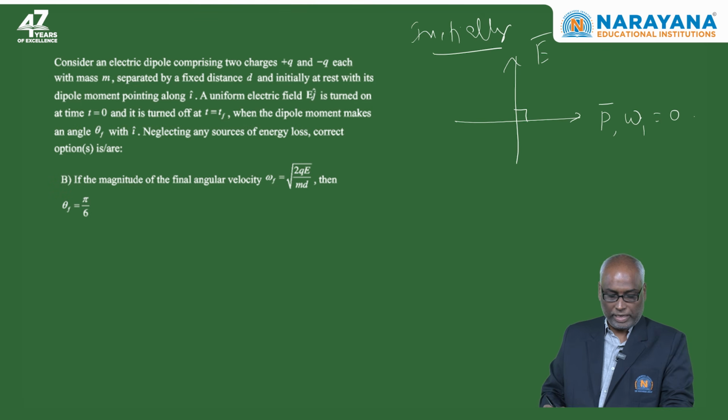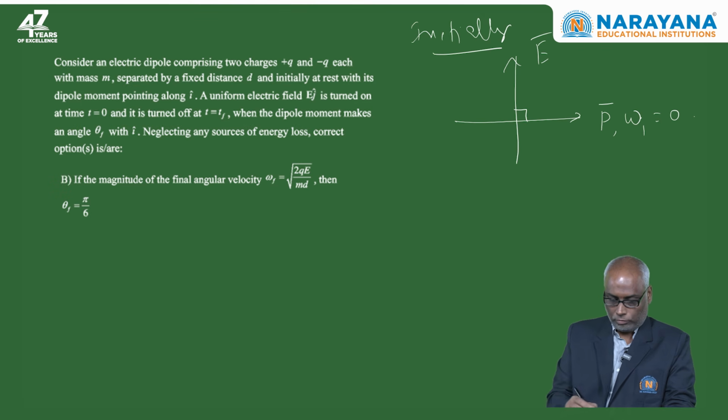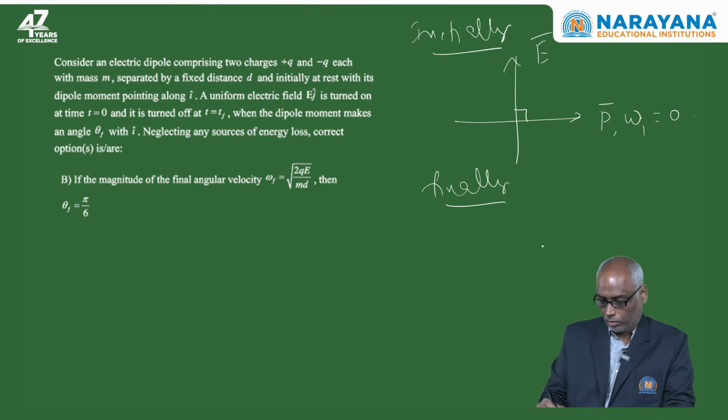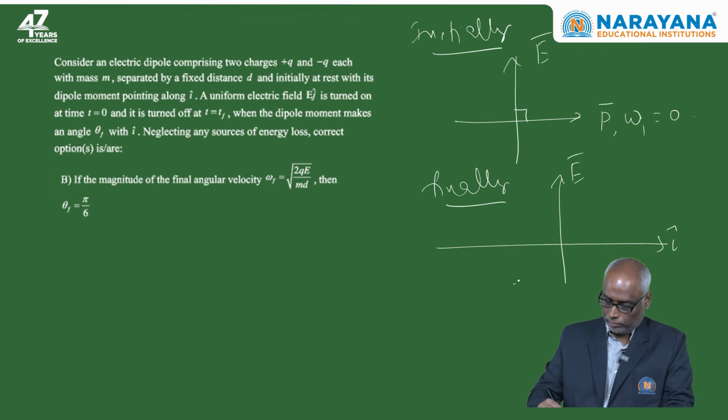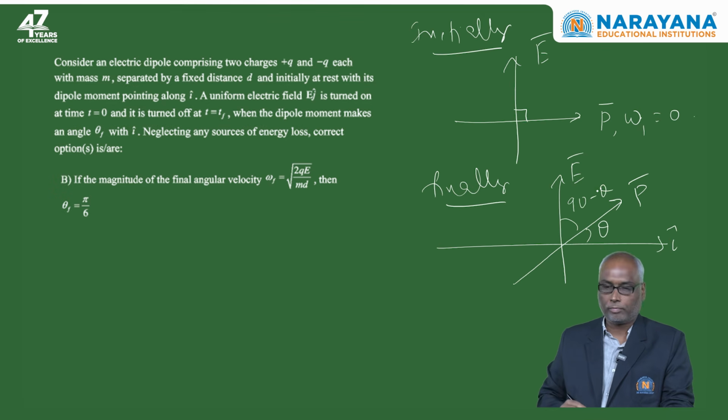So, when it makes an angle theta f with the i cap, finally this is the direction of i cap, this is the direction of electric field, this is the direction of dipole moment, and this angle is theta. So, the angle between electric field and dipole moment becomes 90 minus theta.